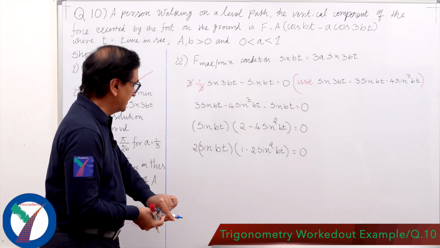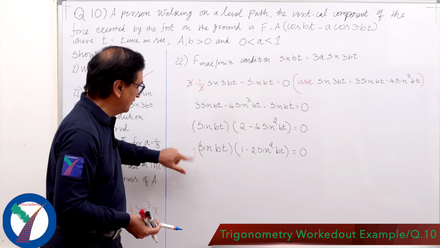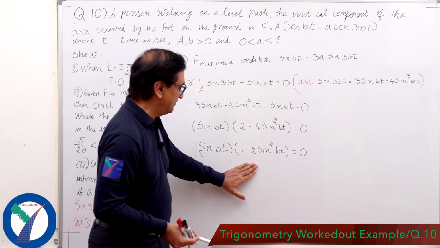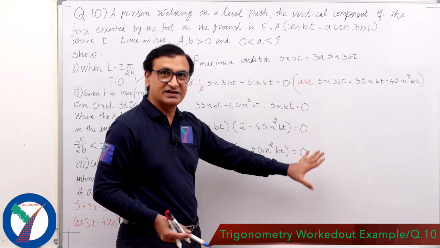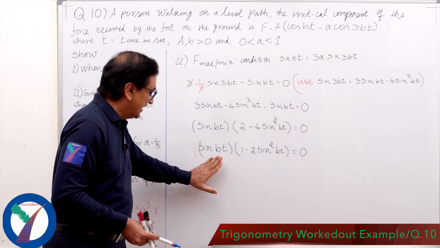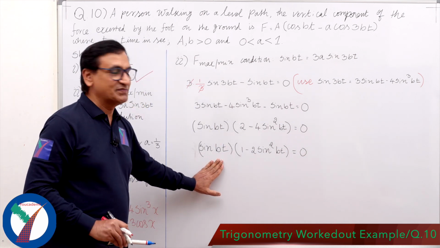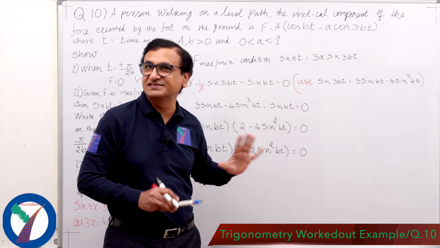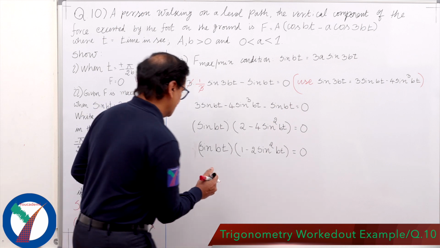2 is definitely not equal to 0, so we can leave out this 2. Okay, so sin bt multiplied by 1 minus 2 sin square bt equals 0. Now either sin bt equals 0 or 1 minus 2 sin square bt equals 0. So we will have a set of solutions.